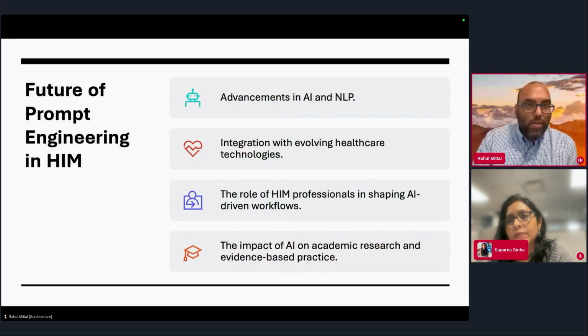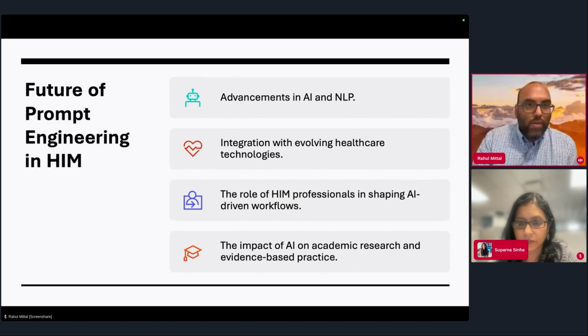The future of prompt engineering in HIM is very exciting. AI technologies are evolving rapidly, and HIM professionals and students, whom we have to teach, must stay ahead of the curve. Future developments include more advanced natural language processing models with agentic AI on the horizon this year, better AI human collaboration, and increased AI integration in health data management.